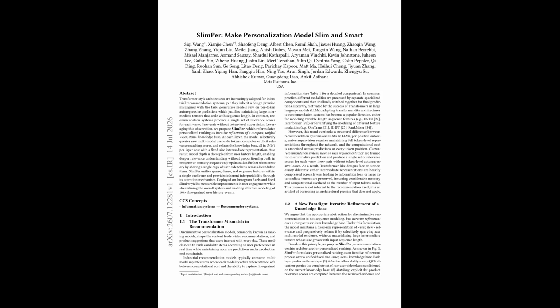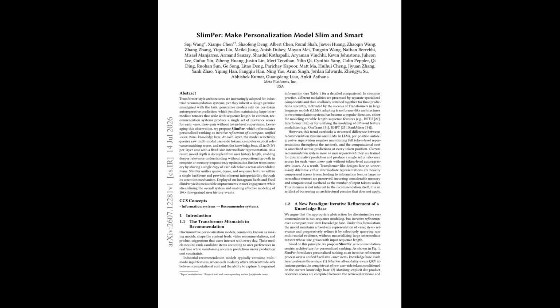Other work like OneTrans and RankMixer tried to unify sparse features, dense features, and sequences under one transformer backbone. But all of these still carry the same architectural DNA. They propagate token-level intermediate tensors through depth, and the quadratic cost of attention over long histories limits how much user behavior you can actually consume.